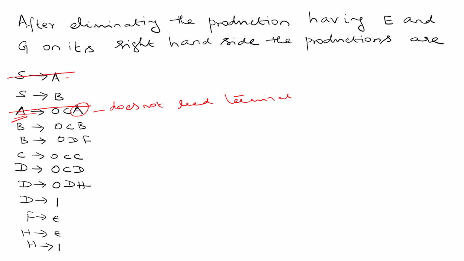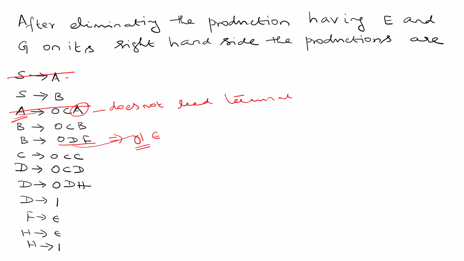And with respect to B, we are having two productions, and in one of them B appears on itself, and for B we are having one more production. We want to check whether this leads to termination. On substituting D for 1 and F for epsilon, it produces the string 01.